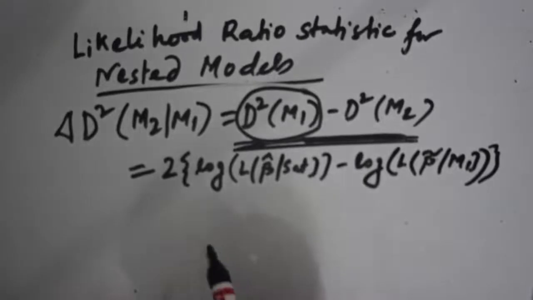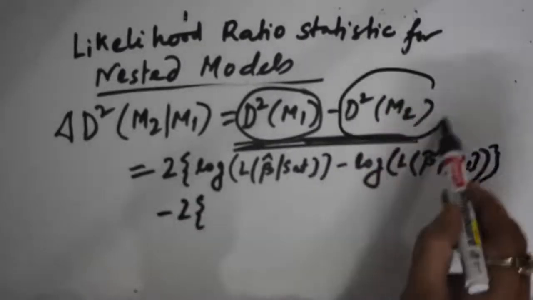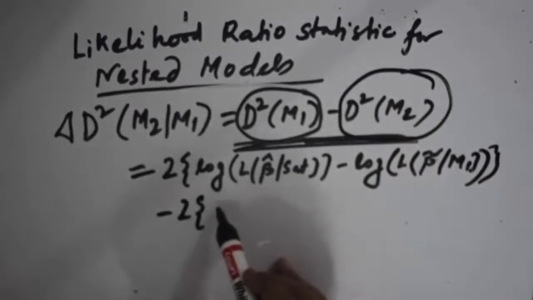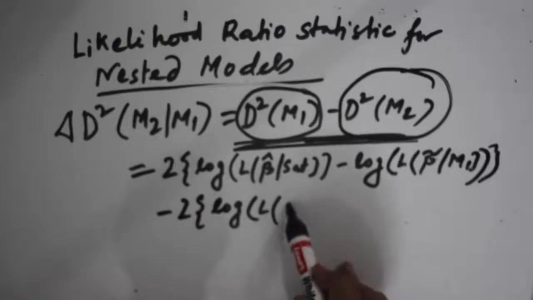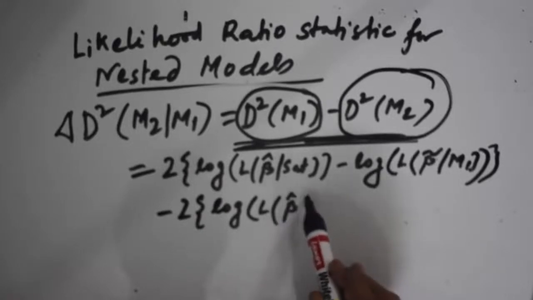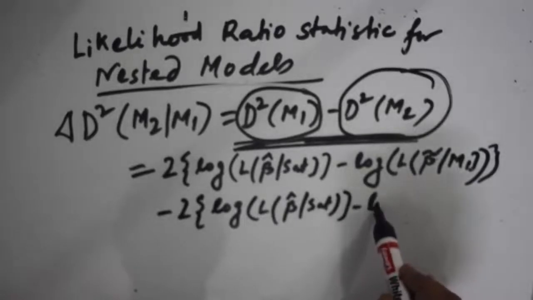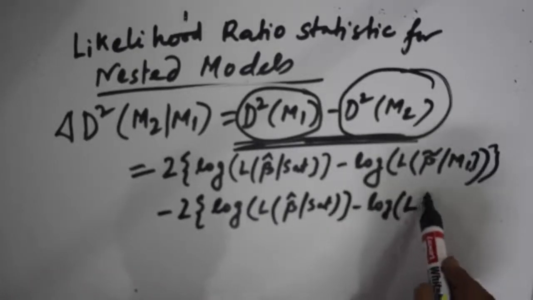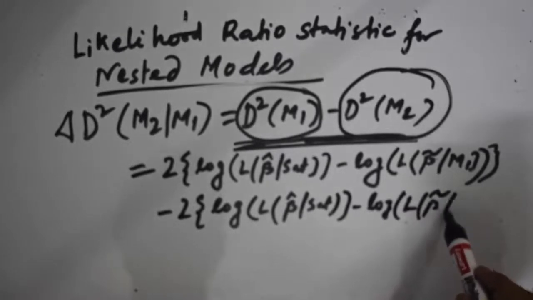Similarly, for this term, minus 2 log L beta hat for the saturated model minus log L beta tilde for M2.